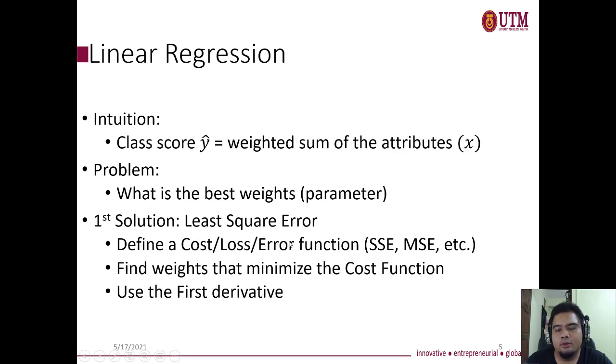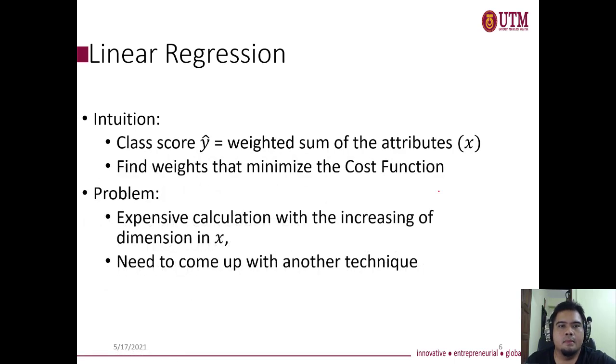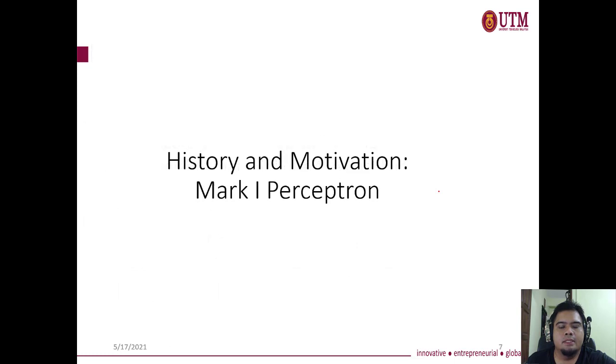Even the notation will change later: instead of using J, we will use the notation E. Actually that refers to the same thing, which is a cost function or loss function. This is one of the important elements in ANN, before they developed the artificial neural network.